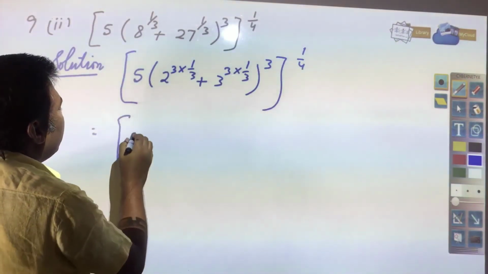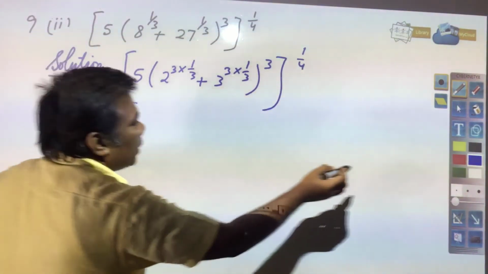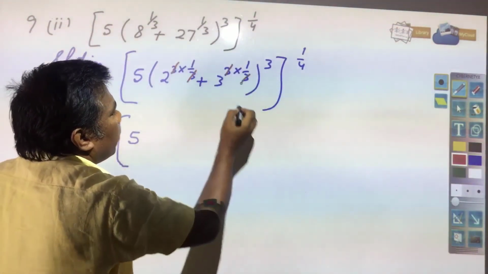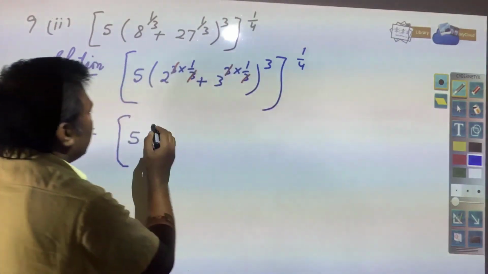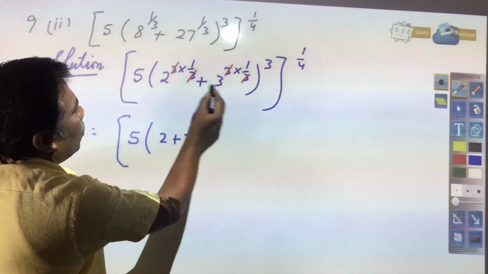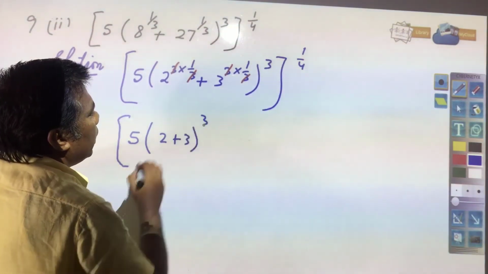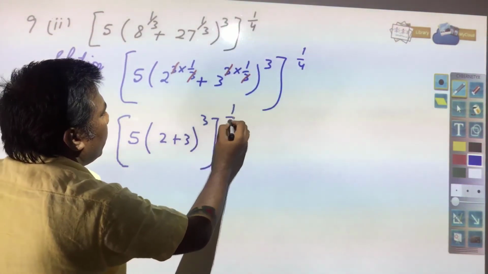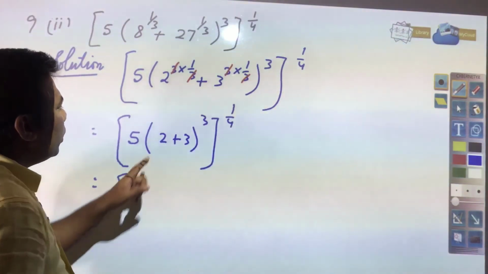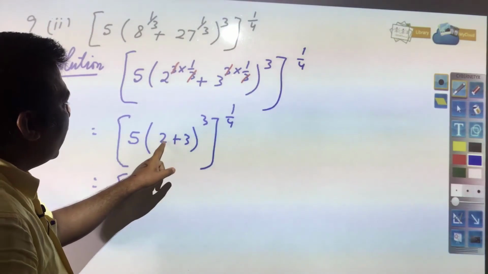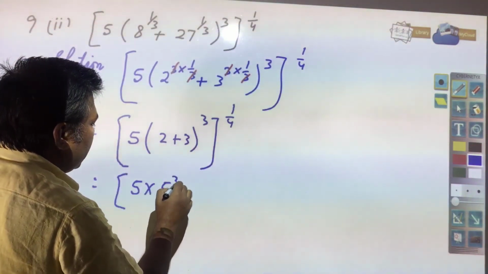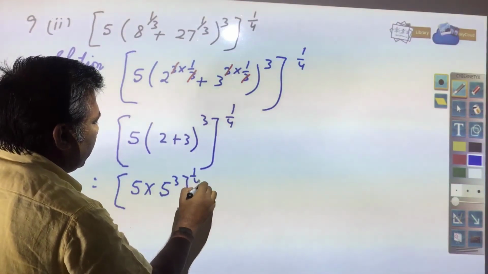And this will be 5 into, this will be cancelled. Here you see this 3 and 3 will be cancelled, 3 and 3 will be cancelled. So, you will get 2 plus 3, to the power 3 and whole to the power 1 by 4. So, you will get 5, 2 plus 3 is equal to 5, and 5 to the power 3, whole to the power 1 by 4.